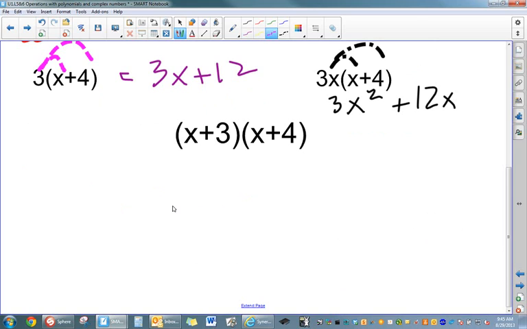Kelsey, can you please explain to the class how to distribute this properly? What is this x right here? Oh, Kane, yes. Oh, that was so much better.